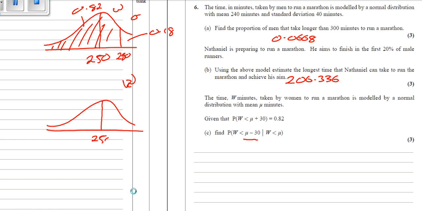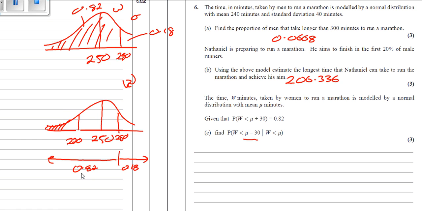So for the women's, let's say we've plucked the 250 out of thin air, but 280 and 220. That's better. Now I said to the left of that was going to be 0.82, and to the right of it was 0.18.